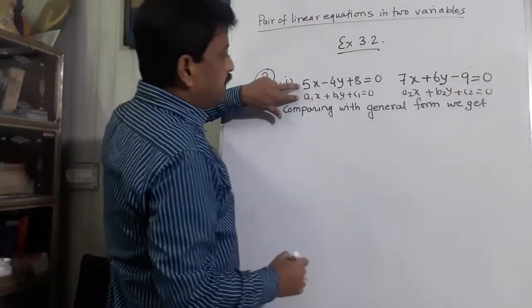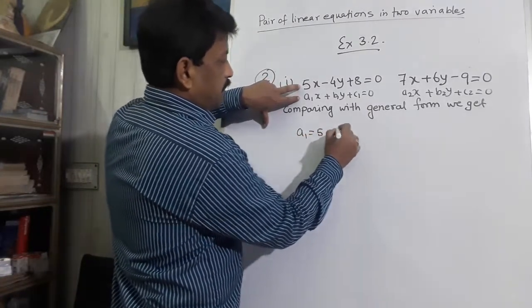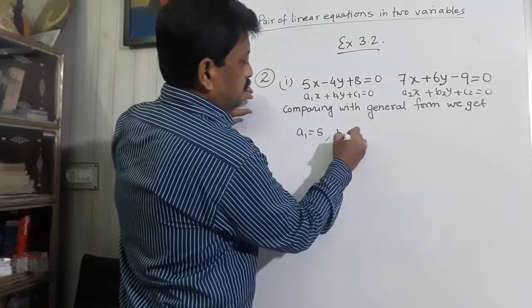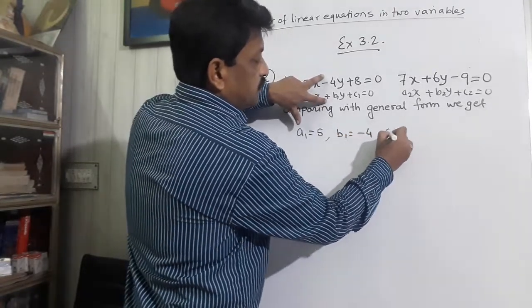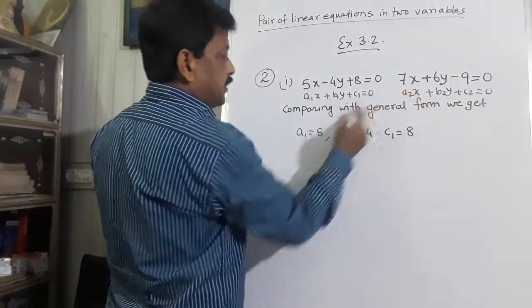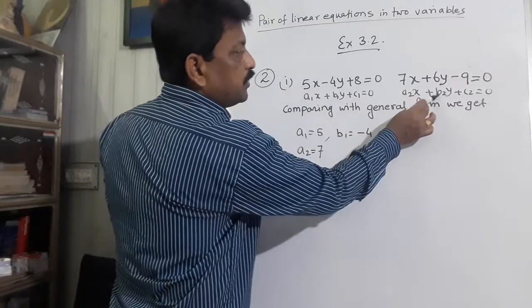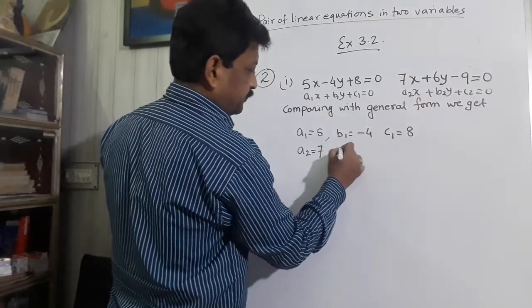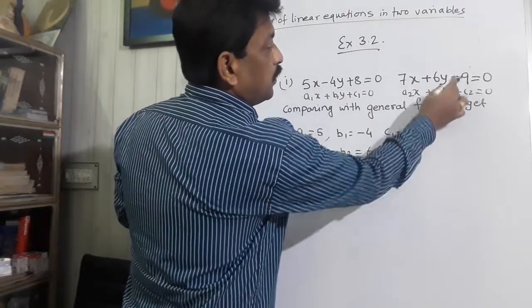So if we compare these two, then we are getting a1 equals to 5, b1 equals to minus 4 and c1 equals to 8. Similarly, a2 equals to 7, b2 equals to 6 and c2 is equals to minus 9.